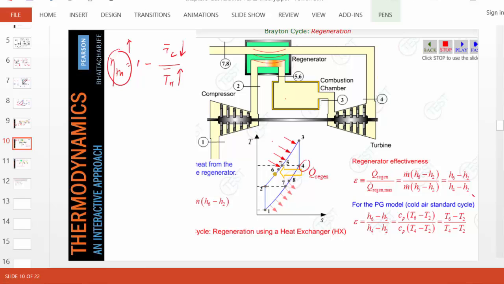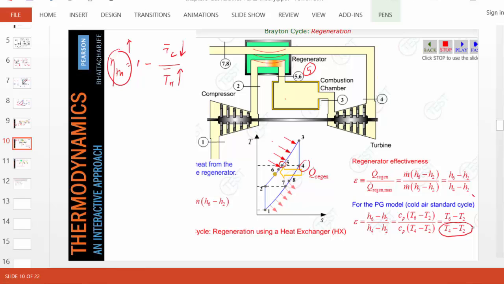That will be the ideal. State 5 will be the ideal exit condition for the compressed air. So if you want to define an efficiency, the ideal temperature rise is what? T5 minus T2, and T5 being T4. So this is in the denominator.